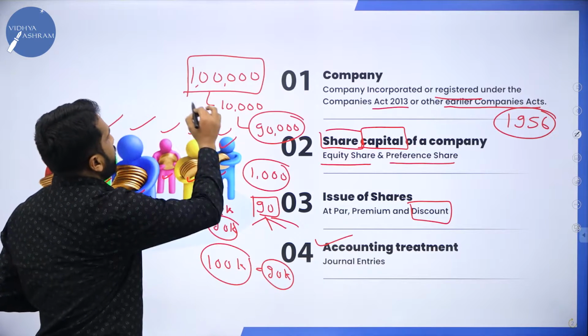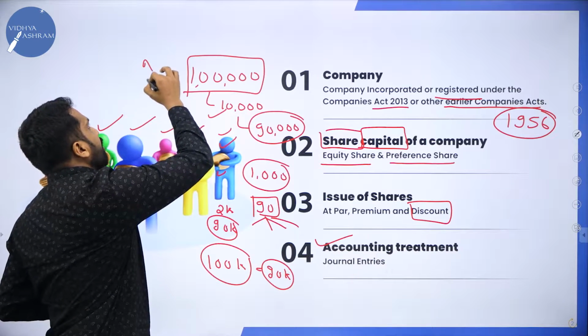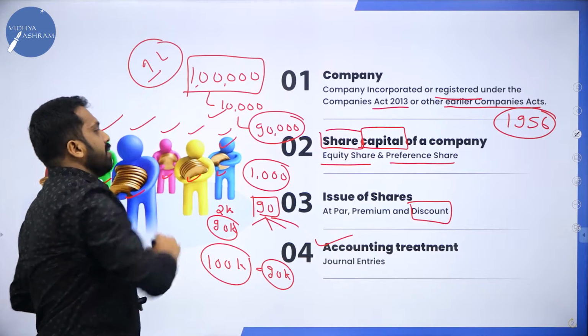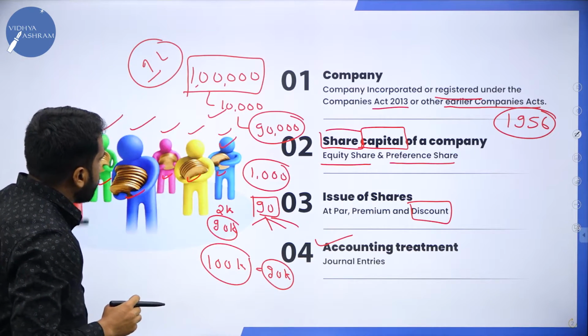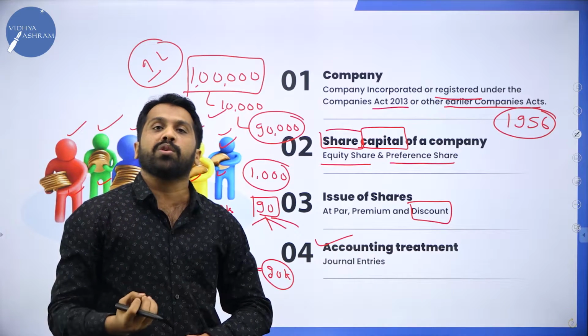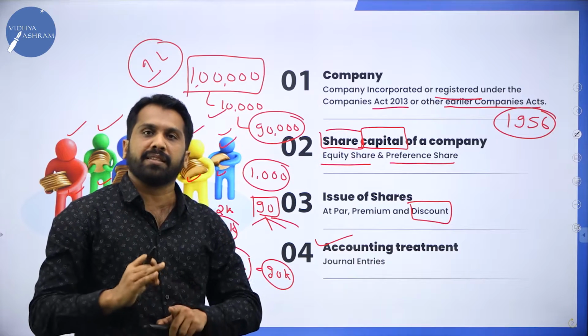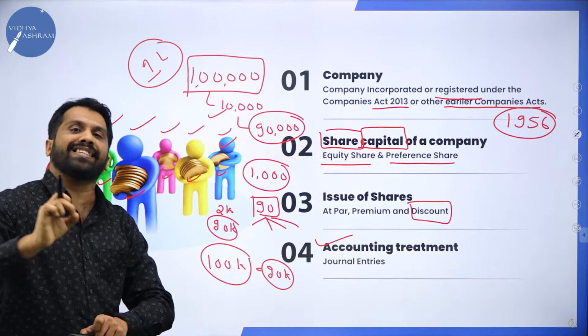What is my investment? 10,000. 90 plus 10, I got 1 lakh. So I am not only the owner now, these persons are also called shareholders, as owners of the company.